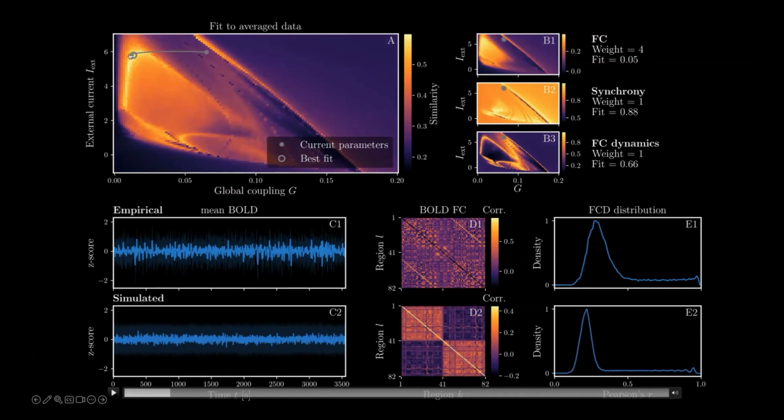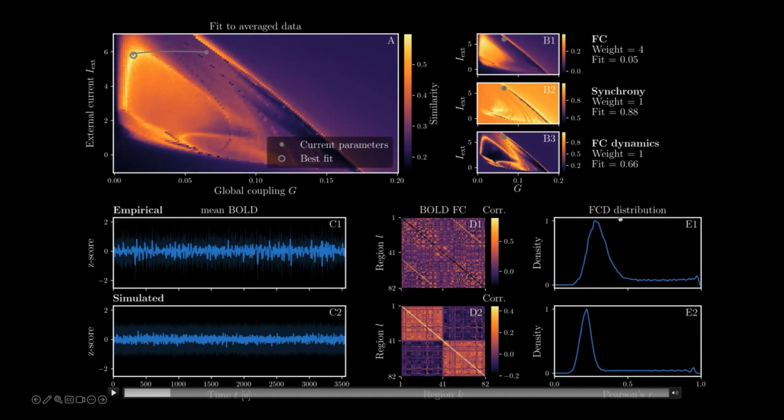This is an animation in this parameter space. This trace here, just to make this clear, has nothing to do with the fitting. The fitting is simply picking the brightest pixel in this grid search. I'm just drawing by hand the trajectory here to illustrate how certain regions of this grid search look like. For example, at this point, we can see that the FC of the simulated data doesn't look very plausible.